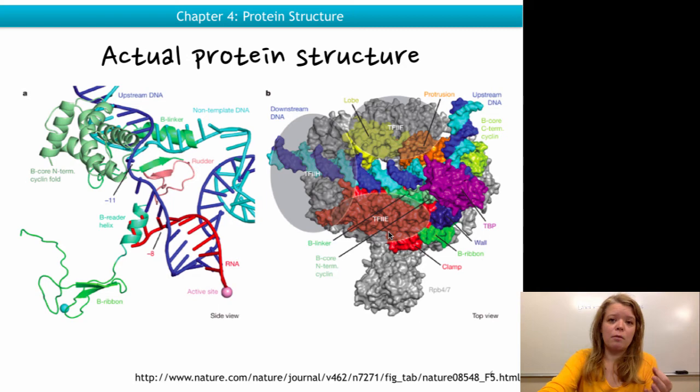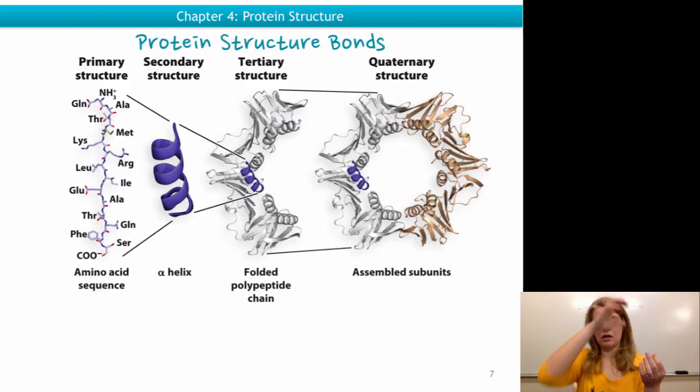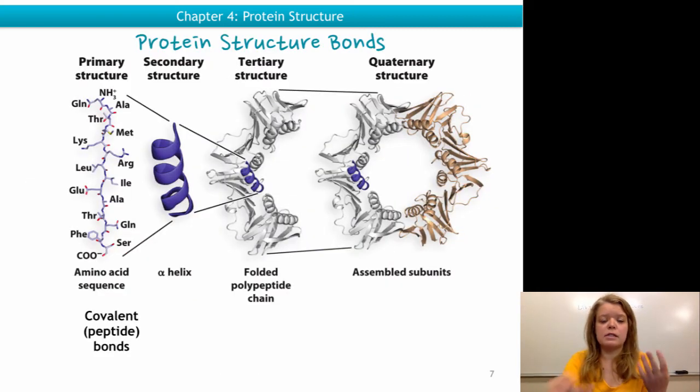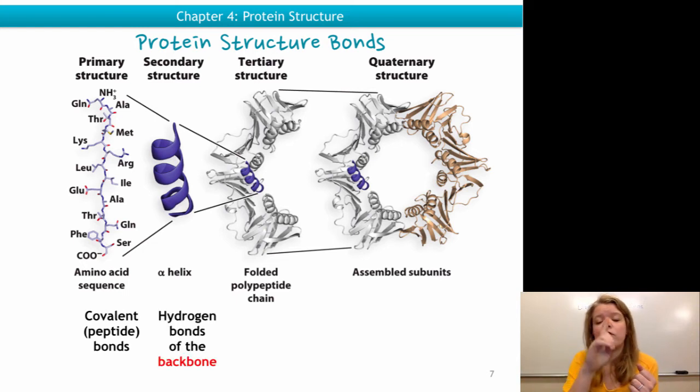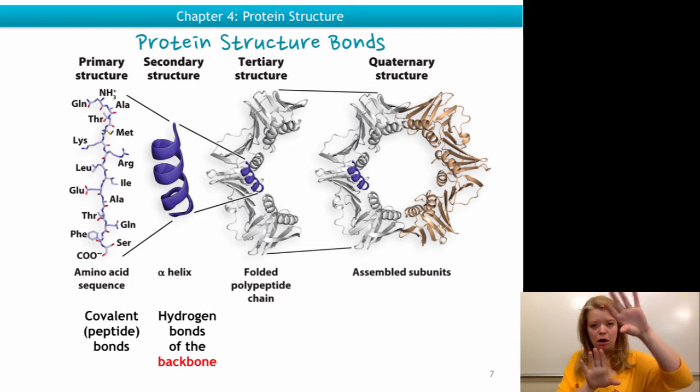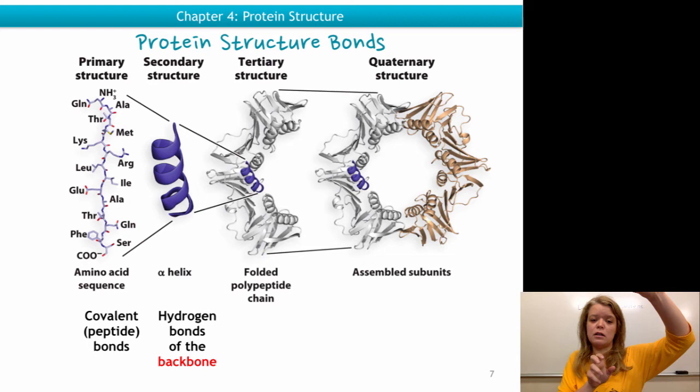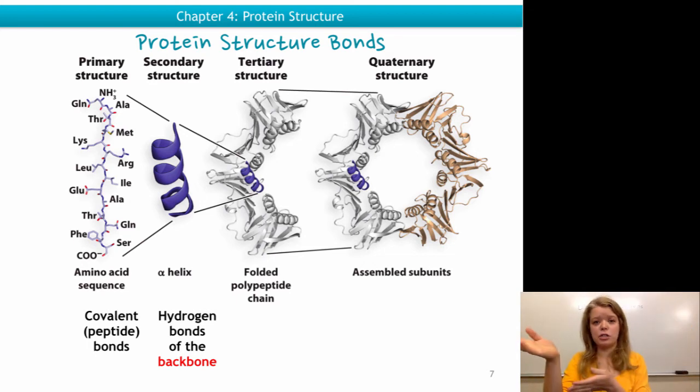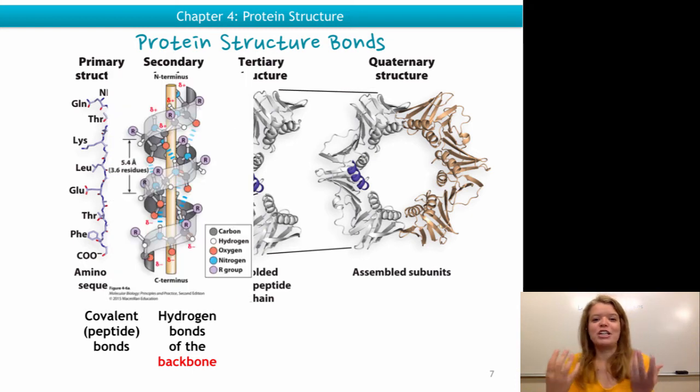Now, what are the bonds involved in this? The amino acid sequence is held together by covalent bonds, peptide bonds, as we've covered last time. The shape of the alpha helixes and the beta sheets is determined by the hydrogen bonding of the backbone. Depending on which amino acids are present in which arrangement, either the alpha helical arrangement or the beta sheet arrangement will be more energetically favorable.